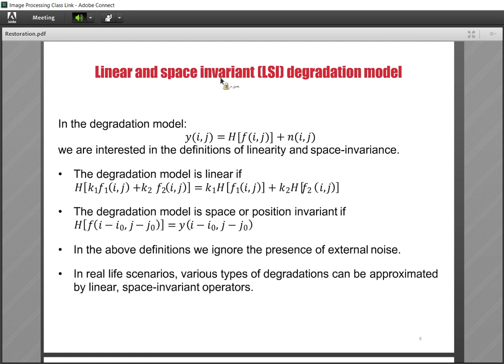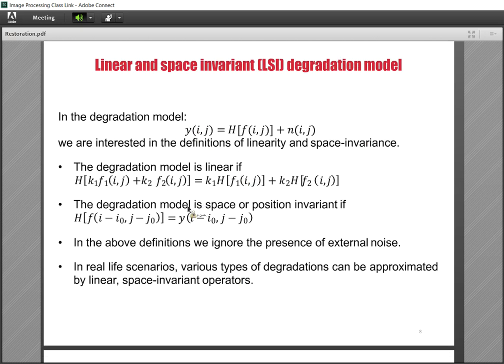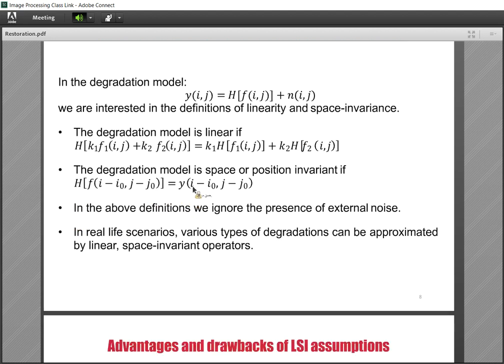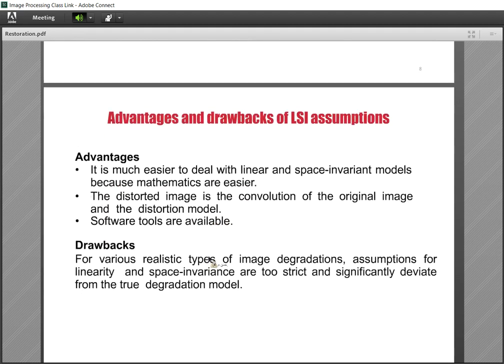We said that for linear and space invariant, or LSI, systems, you have, for example, in this system H[k1 F1 + k2 F2] = k1 H[F1] + k2 H[F2], and this is for linearity, and H[F(i-i0, j-j0)] yields Y(i-i0, j-j0).